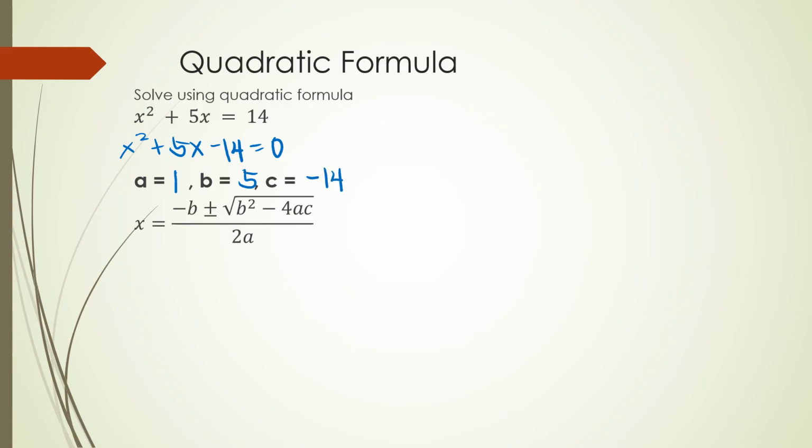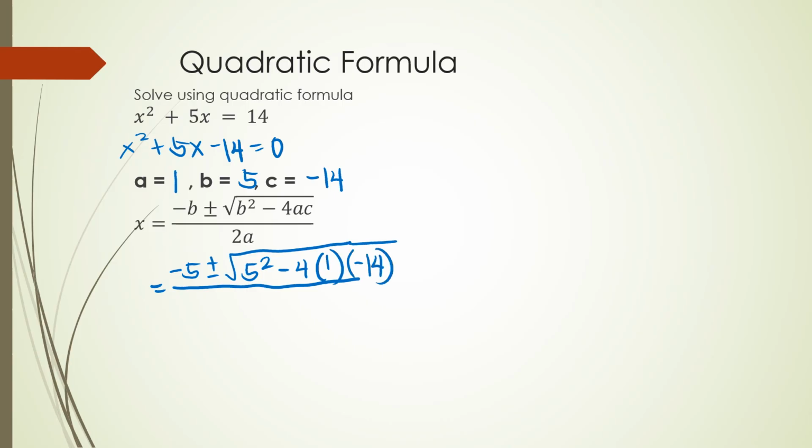Using the quadratic formula, you're going to substitute each value. So you have b, which is 5, so you have negative 5, plus minus the square root of b squared, so you have 5 squared minus 4, and then your a is 1, and then your c is negative 14, over 2 times 1 is equal to, simplify yung mga nasa loob ni square root sign.